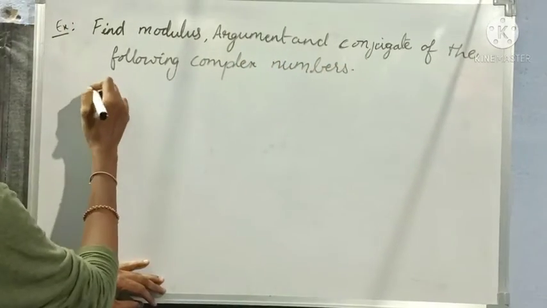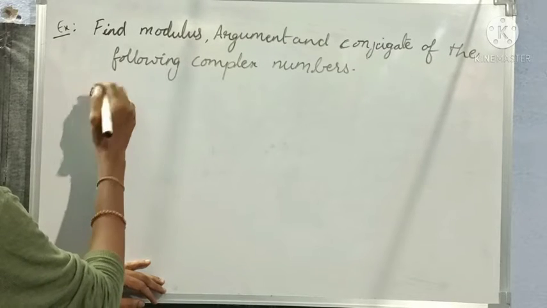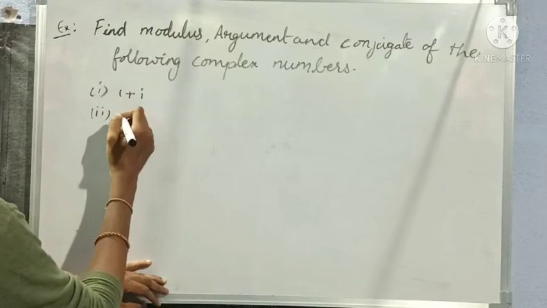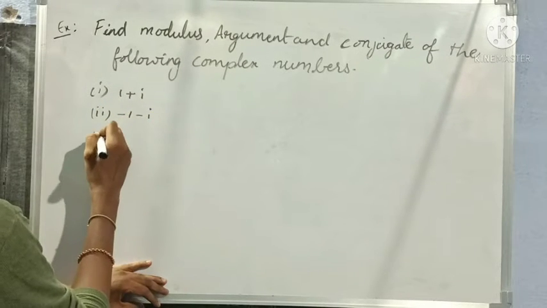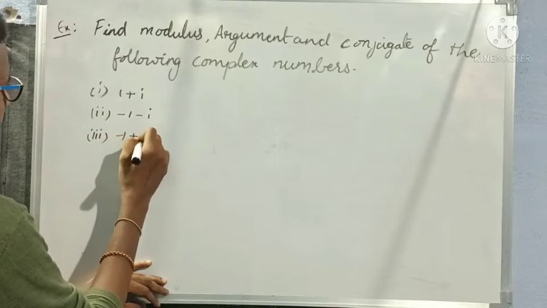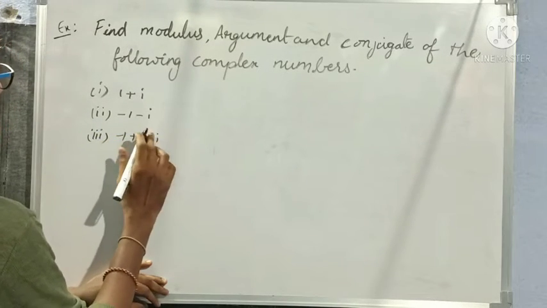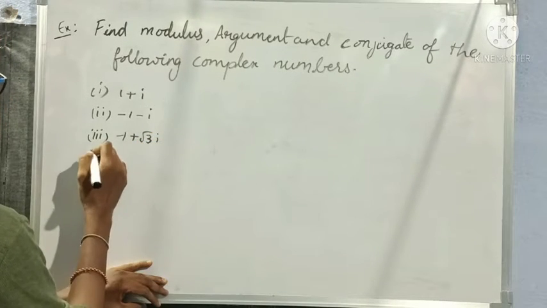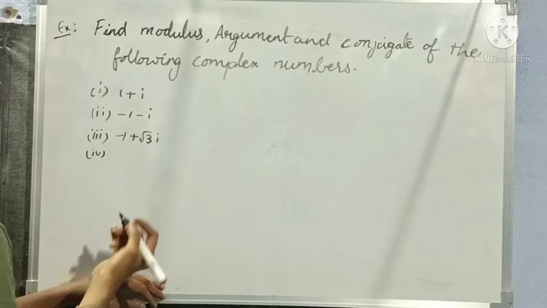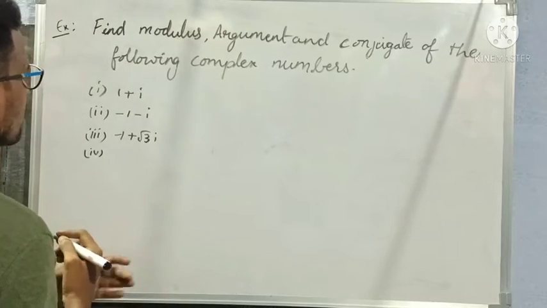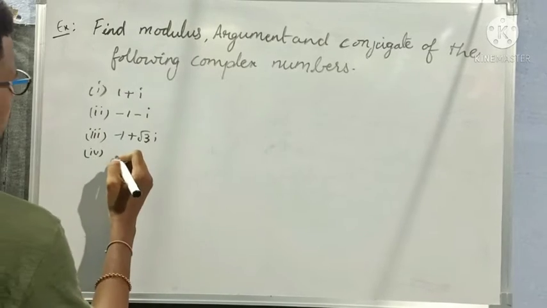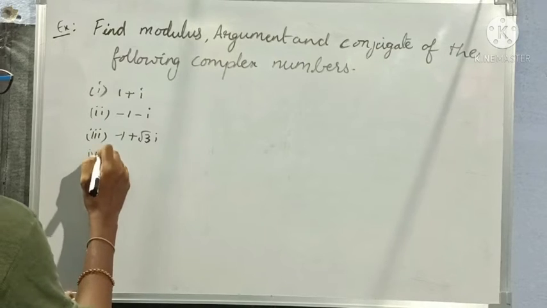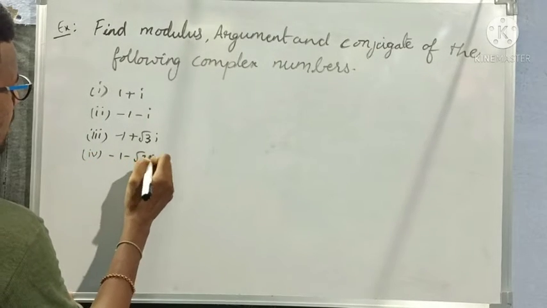Okay, let us take some four examples. The first one is 1 plus i, the second one is minus 1 minus i, the third one is minus 1 plus root 3 i, and the fourth one, we can take anything. First let us see only three. Minus 1 plus root 3 i. If you want, you can take minus 1 minus root 3 i also.